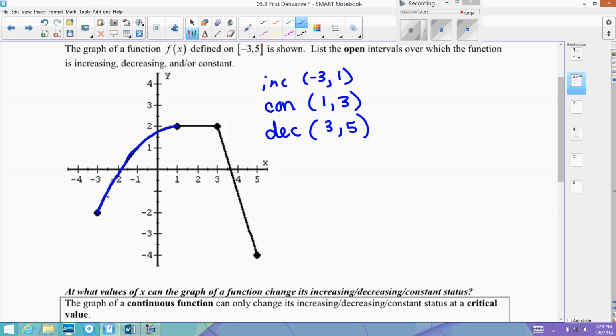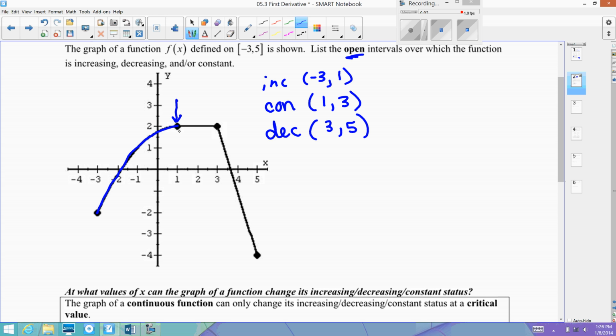Okay, so if we look at the derivative, it is positive for all of these. It's 0 here, and it's negative for all of these. And the reason why we use open intervals is because if you look exactly at that point 1, can you tell if it's increasing or if it's constant? Is the slope right there positive or is it 0?